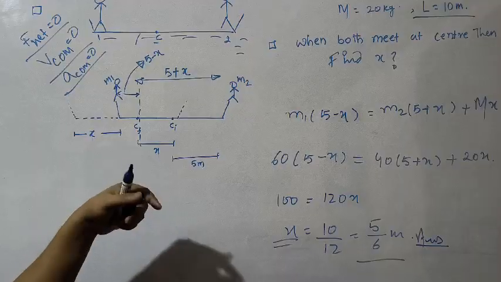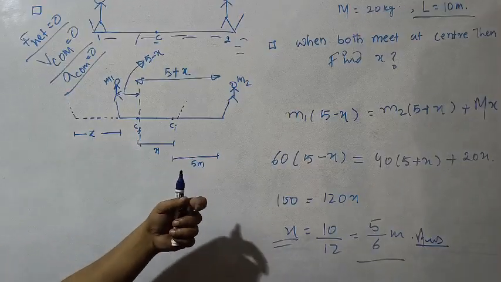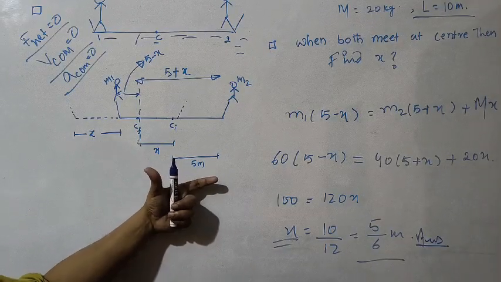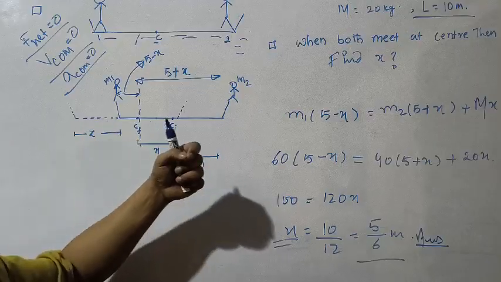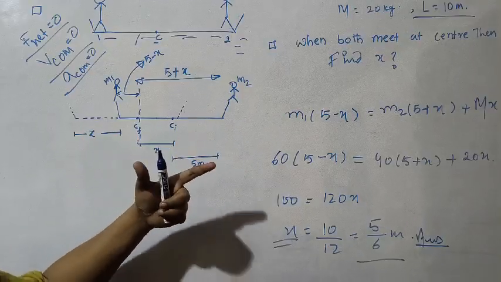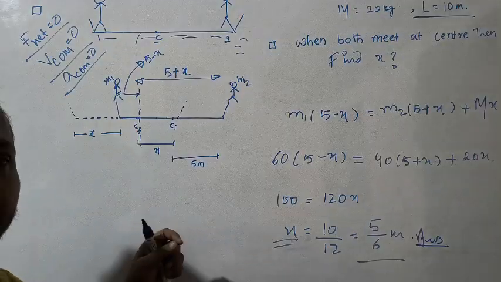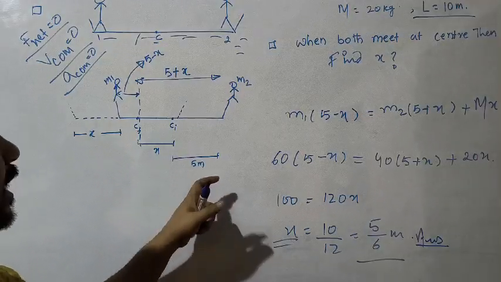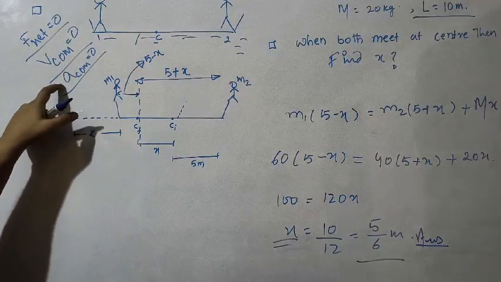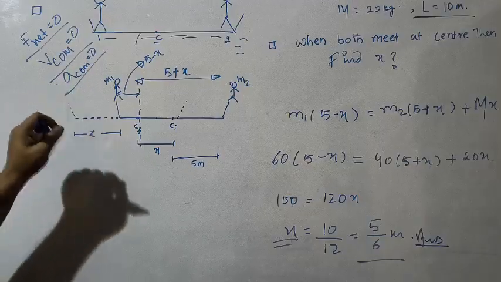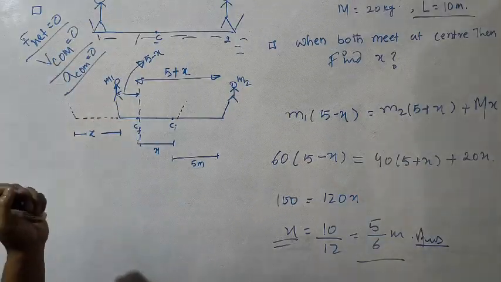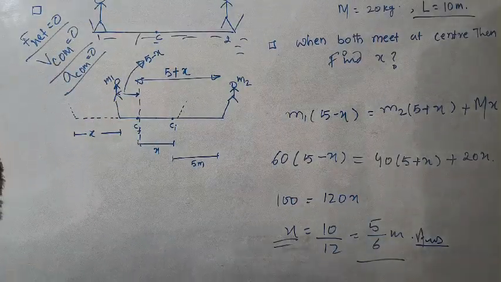We will see some examples in which the net force is 0 only in some particular direction. If the net force is 0 in a given direction, only in that direction we can say the acceleration of center of mass is 0, and in that direction we can apply the further process. So we will see some examples also.